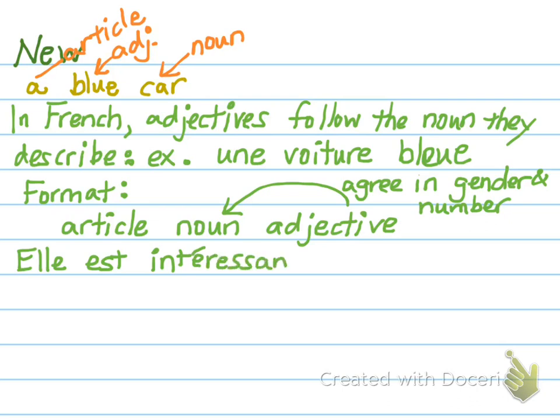And because we're talking about a girl, we'd add an E to intéressante to make it feminine. If we want to say she is an interesting girl, elle est une fille intéressante.